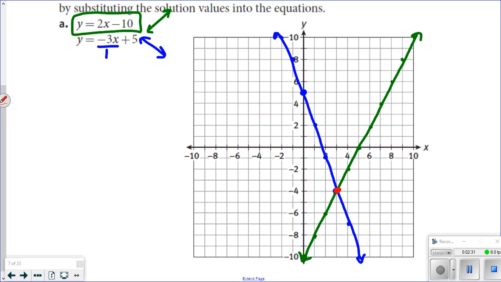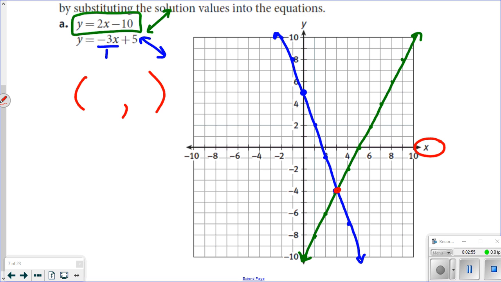And then there is my intersection point. Because they intersect once, that means I'm going to have one solution, and we need to write the solution as an ordered pair, and it's always x that comes first. So how many did I move left or right?